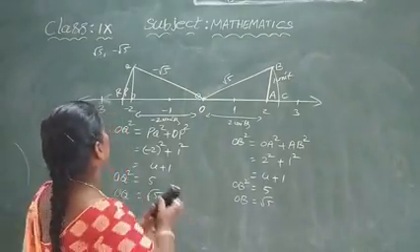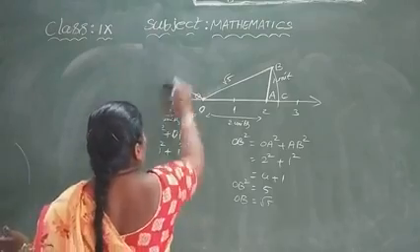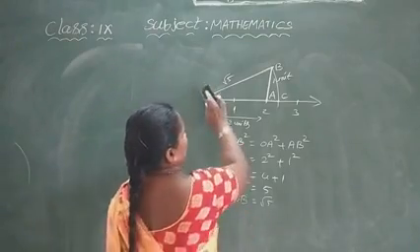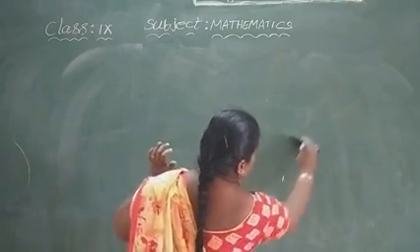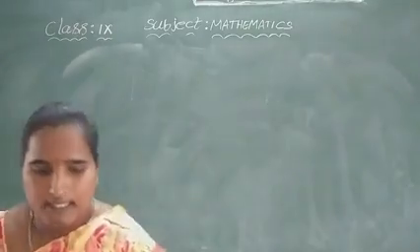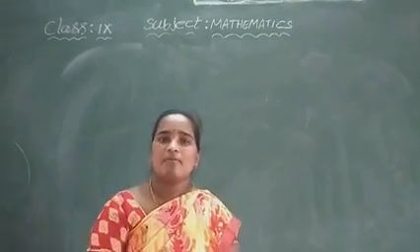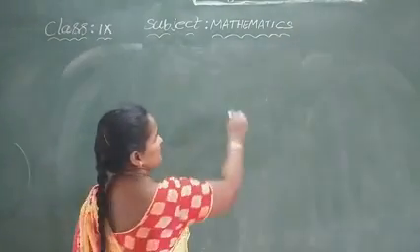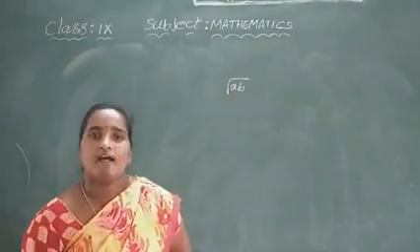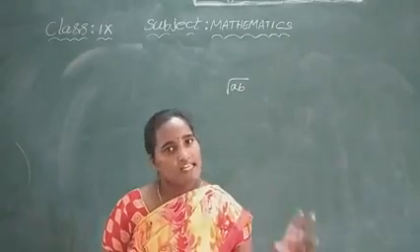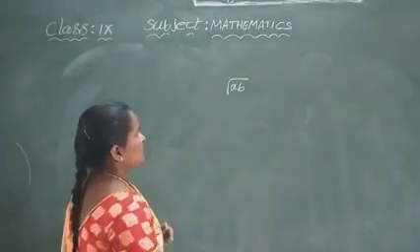Okay ma? Next one. For example, you take any two irrational numbers. Note here, an irrational number between A and B is root AB. This is the formula to find an irrational number between any two numbers.